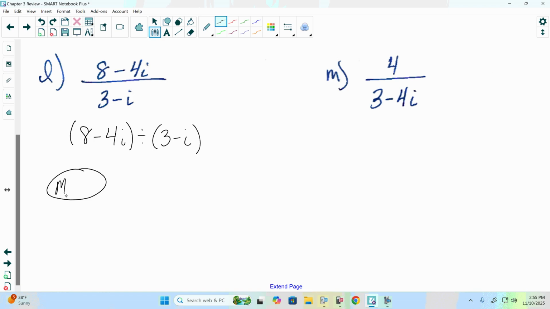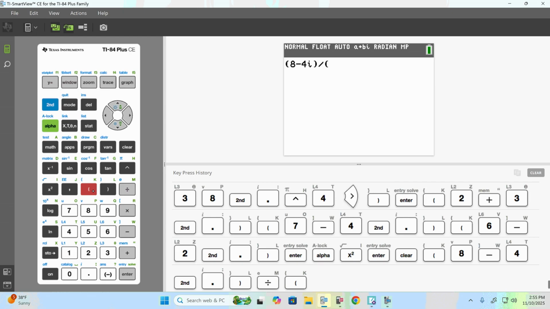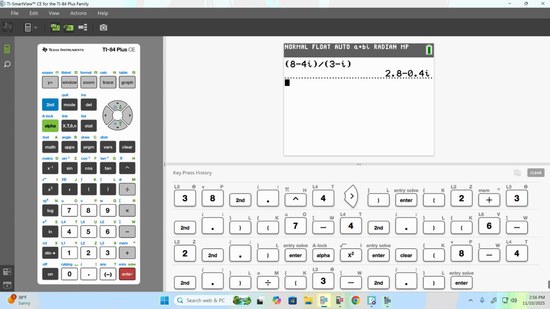And once we get our answer, we're going to go math, enter, enter. So we can grab the calculator and go 8 minus 4i divided by 3 minus i. And when we hit enter to find it originally, it gives us this here.